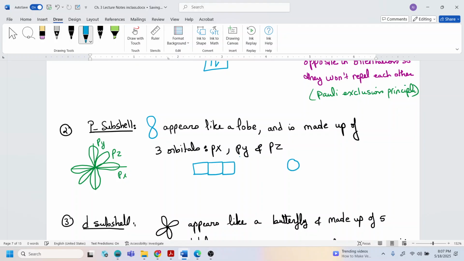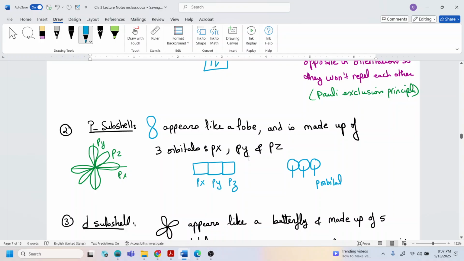Or you can represent them as circles. It doesn't matter. Each one of those is called a p orbital. So you have the px, the py, and the pz. Always remember that every orbital has a capacity of 2 electrons, not more than that.